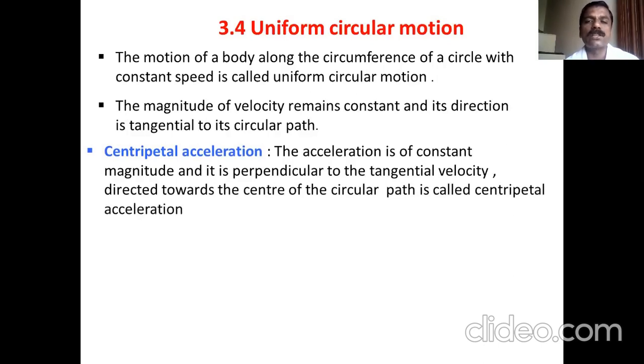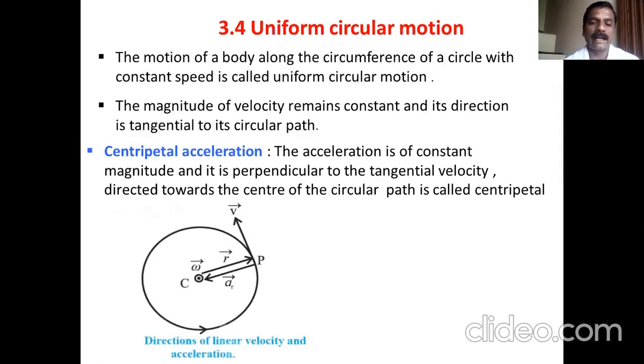The acceleration has constant magnitude and is perpendicular to the tangential velocity. The centripetal acceleration is directed towards the center of the circular path. In short, in a circular motion, the acceleration along the radius towards the center of the circle is called centripetal acceleration.